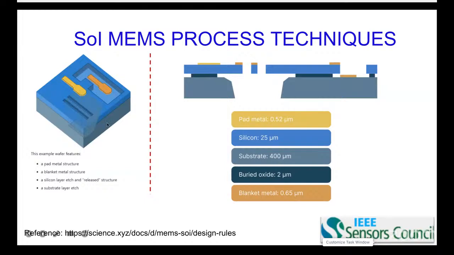When you look at this design, this is a device. I want all of you to have a careful look at it. This is a metal, and the color code is also here. This is a 3D view of the device, and for the same device, this is the 2D cross-sectional view.